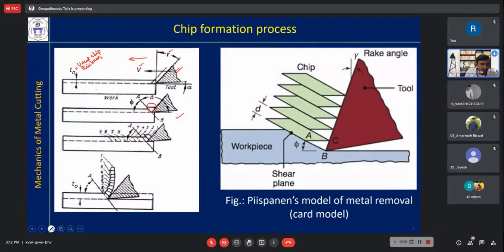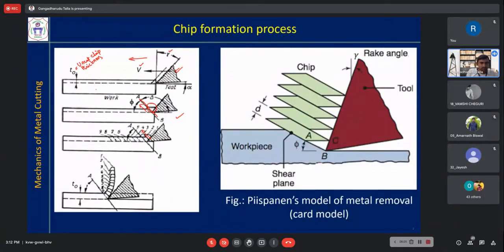Then due to that bulging effect, material will go to plastic state. And if you observe, there is a plane AB now. Along this plane, the material will try to move. If you observe the third step, now some portion of the material has moved along this plane, up to some small distance only.